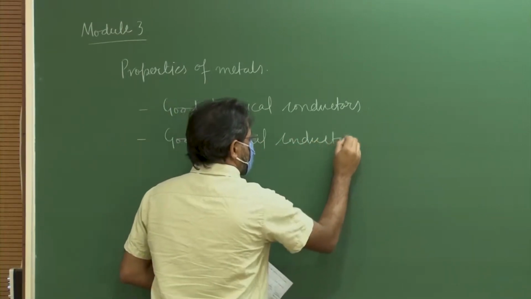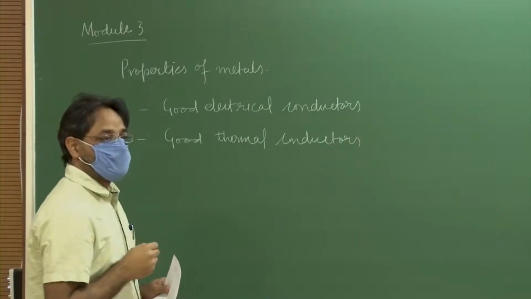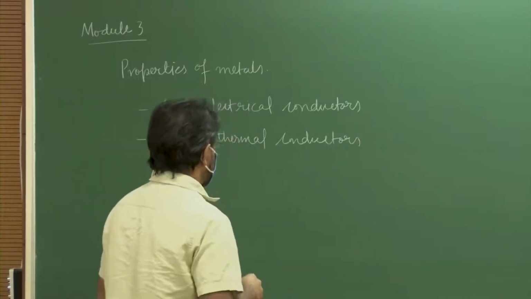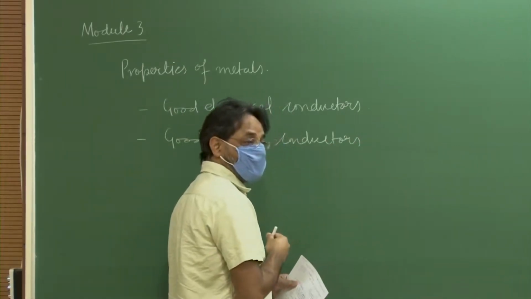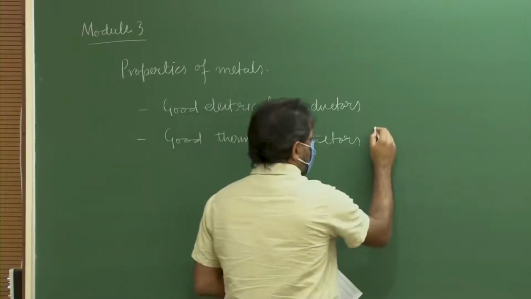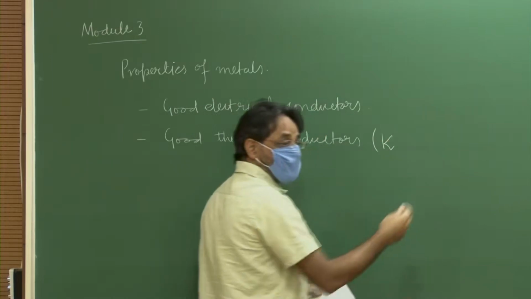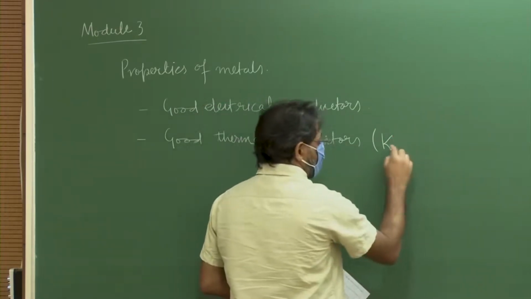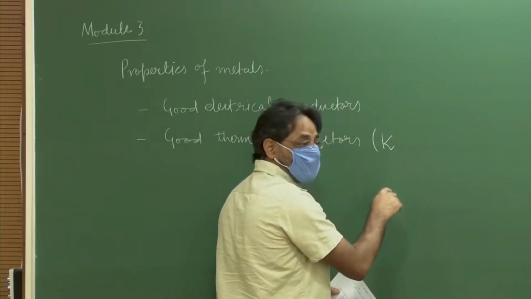And of course, once again, we have to quantify what is meant by good thermal conductivity. So we have to come up with a quantity that quantifies how good a thermal conductor the given material is. That will be quantified in terms of what is known as kappa, which we defined in the last lecture in the context of phonons, right? So today we are dealing with kappa due to electrons, electronic thermal conductivity.